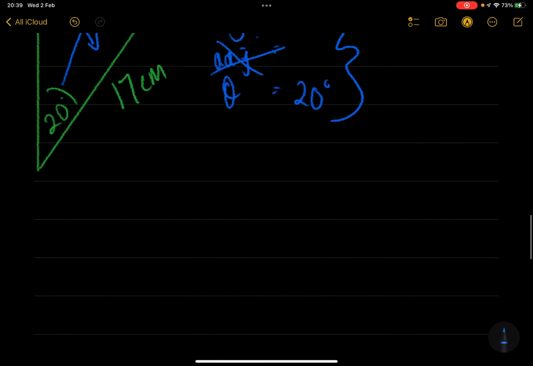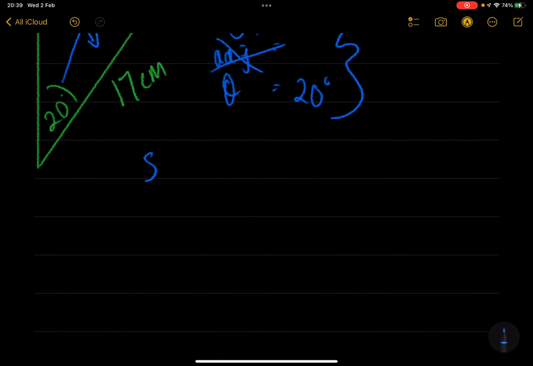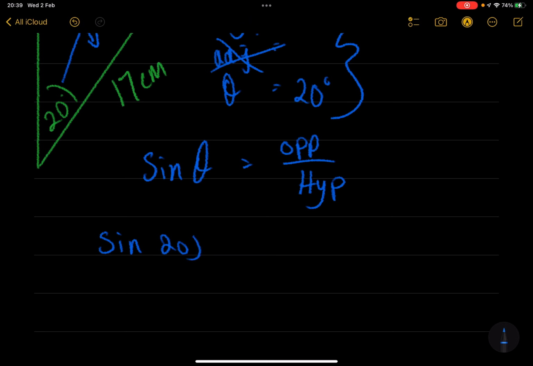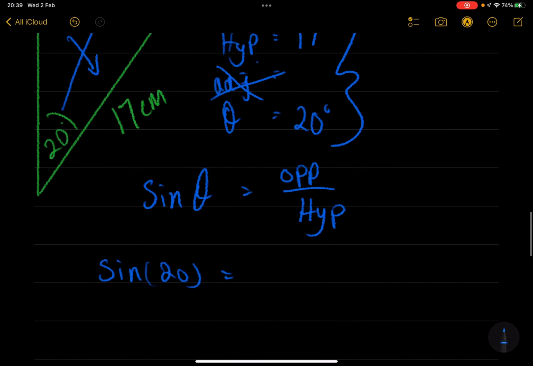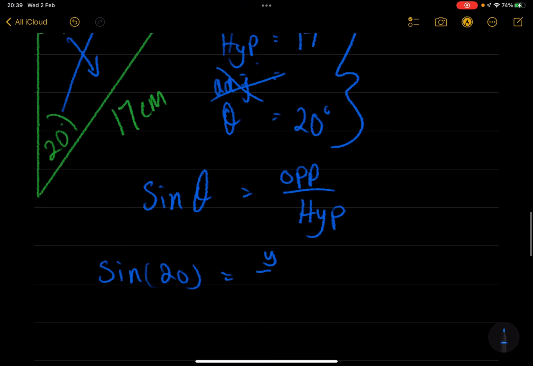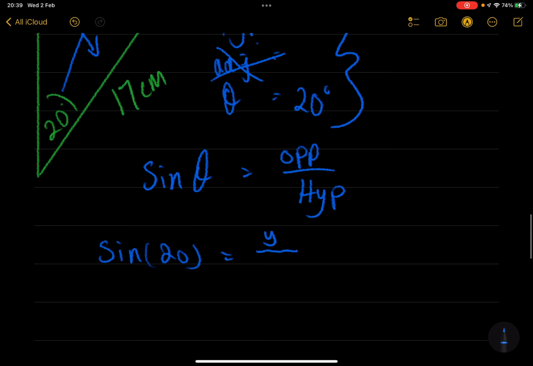So we should be saying sine of the angle equals your opposite divided by the hypotenuse. So sine of 20 equals the opposite, which was the letter y, divided by the hypotenuse, which was 17. So divided by 17.